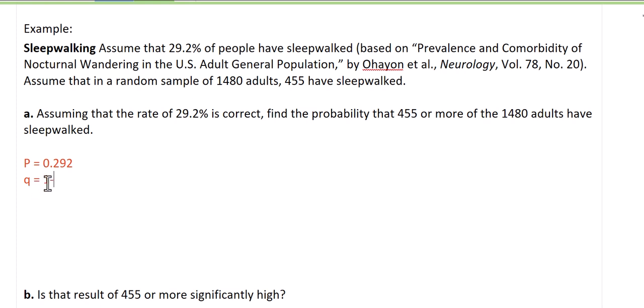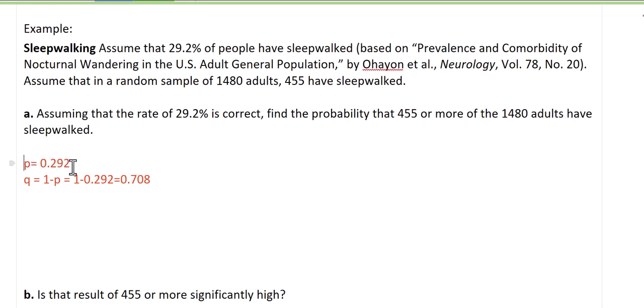It will have to be 1 minus P. So in this case, 1 minus 0.292, which, by looking at our calculator, is 0.708. So that's Q.